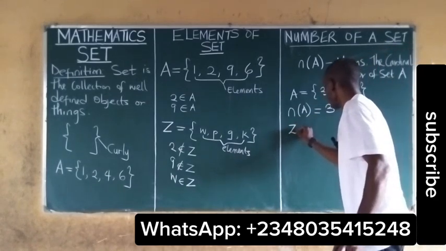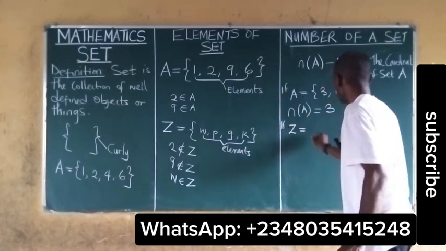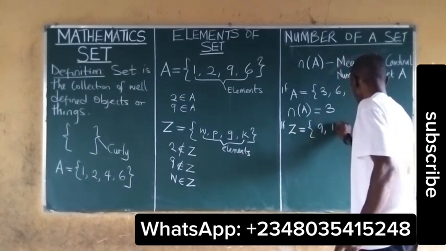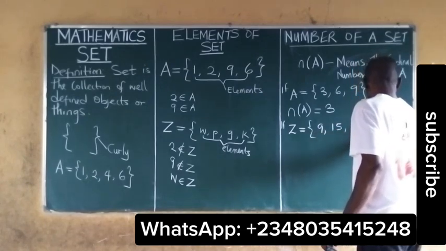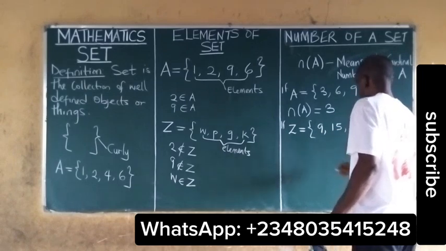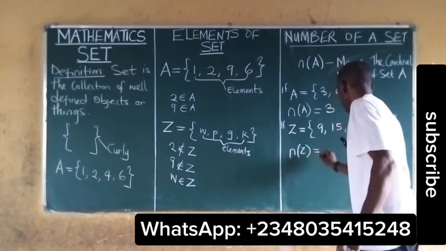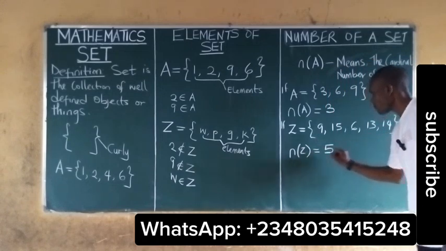Also, if Z is equal to 9, 15, 6, 13, 14, the cardinal number of set Z is 1, 2, 3, 4, 5, which is 5.